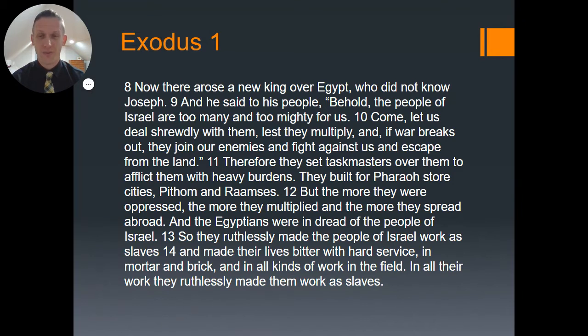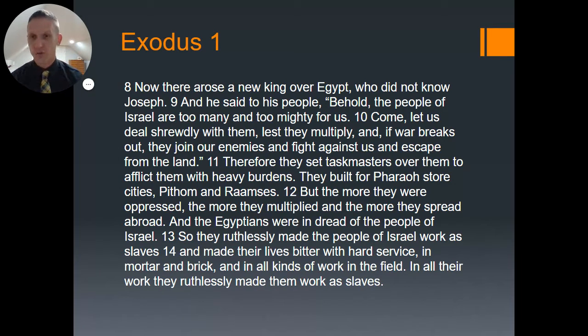Like with our genealogies, we know genealogies are often selective, almost always selective. And so what we have with the Egyptian king lists is that they don't match. They're recorded selectively. So you have a new pharaoh that arises, one who doesn't know Joseph. Now, it could be that he knows who Joseph is and doesn't care.